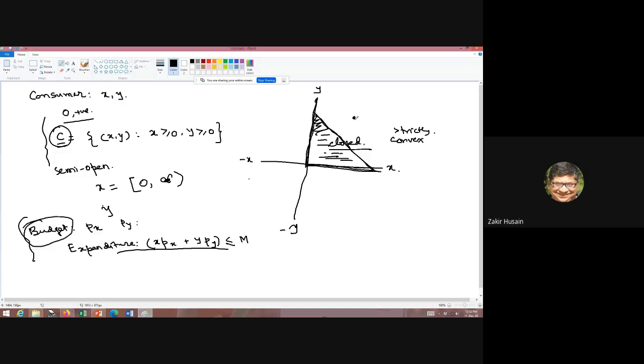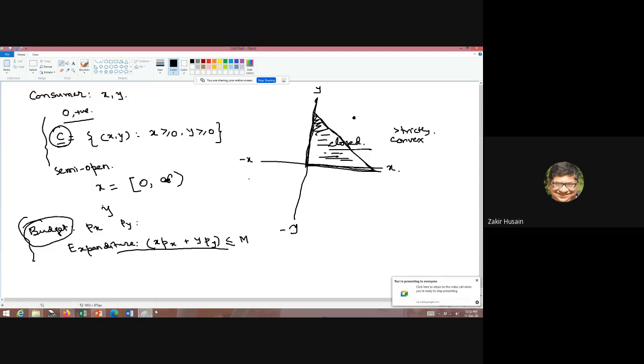The question I'm asking is, let us superimpose the budget set B and the choice set C. Then will the consumer be able to buy any point, a point like this, a point like this, a point like this?